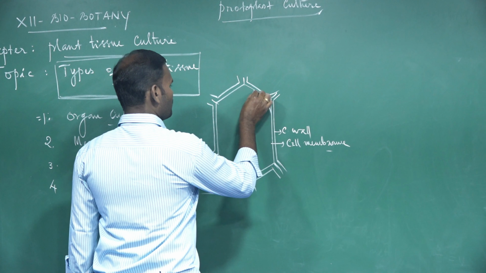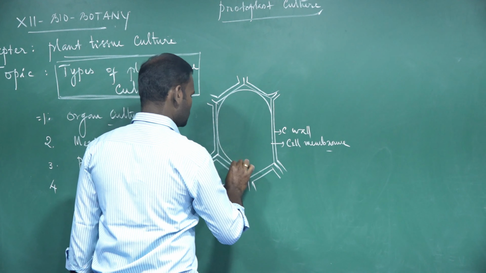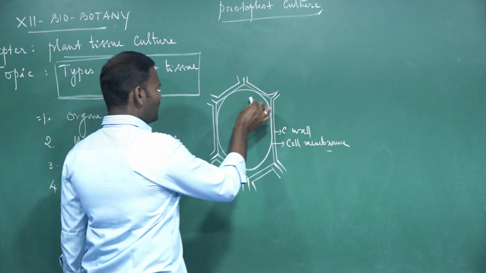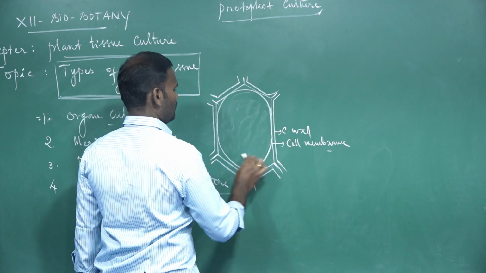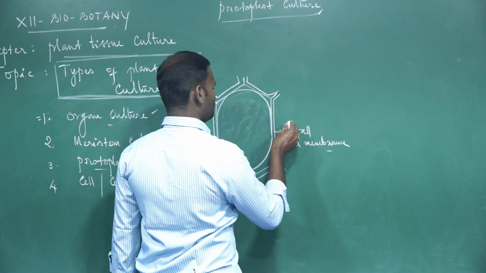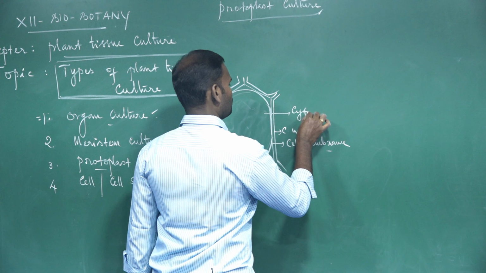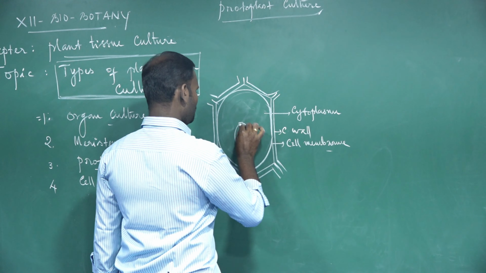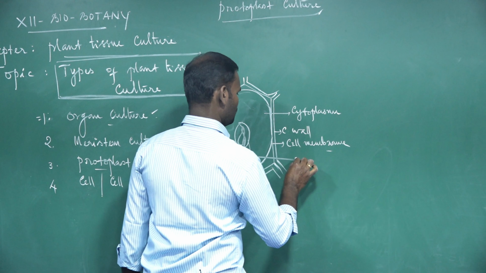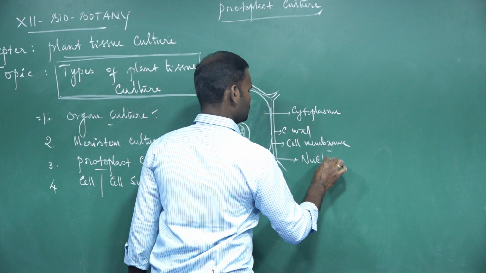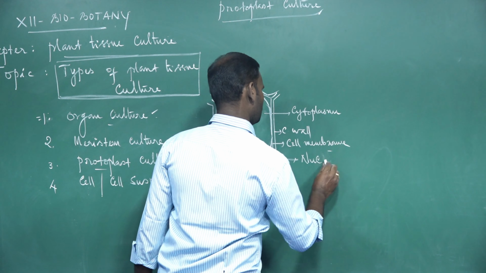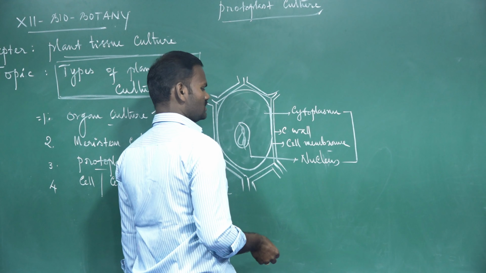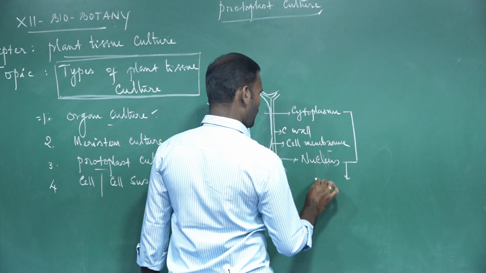Inside the plasma membrane, there is a protoplast. The protoplast is differentiated into cytoplasm and a central nucleus. So both cytoplasm and nucleus constitute the protoplast.